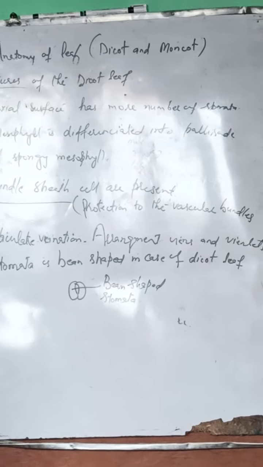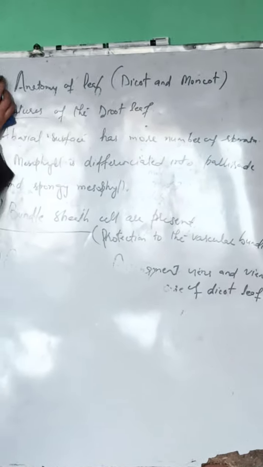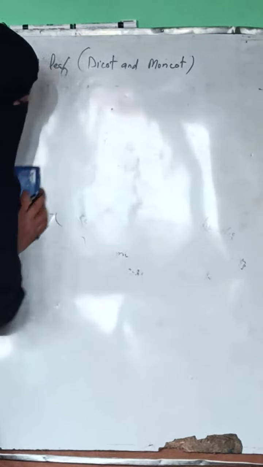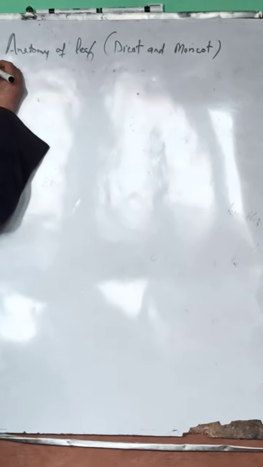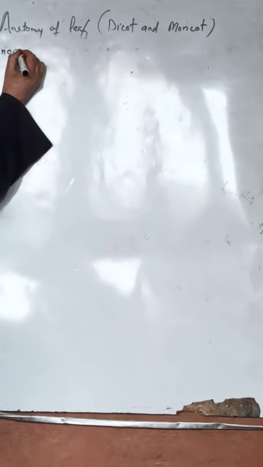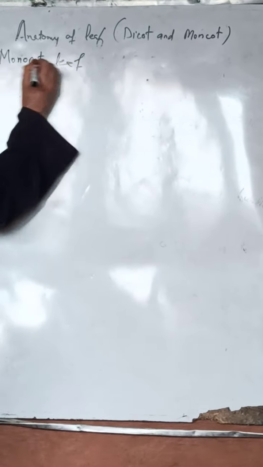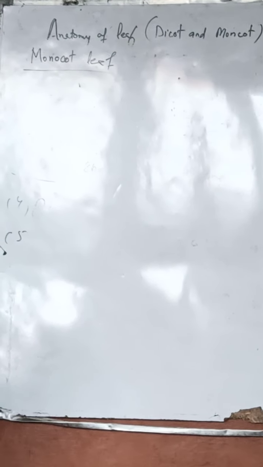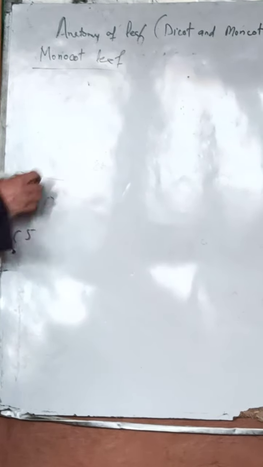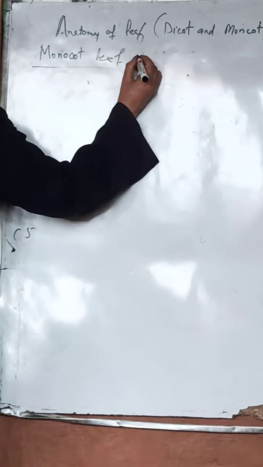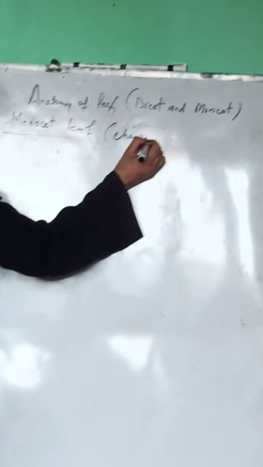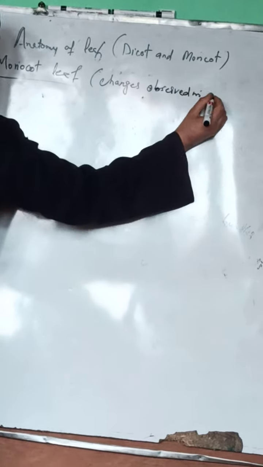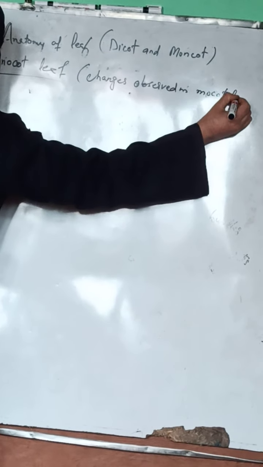Now we can write here what changes we observe between dicot leaf and monocot leaf. So we will take monocot leaf. Changes which we observed in monocot leaf.